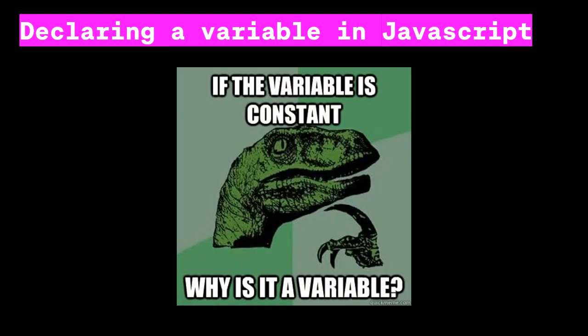Okay, this is a very random meme. I got it from the internet while I was learning JavaScript, way back 3-4 years ago. It says, if the variable is constant, why is it a variable?